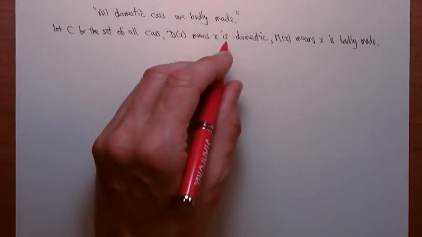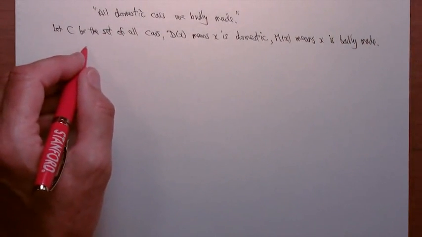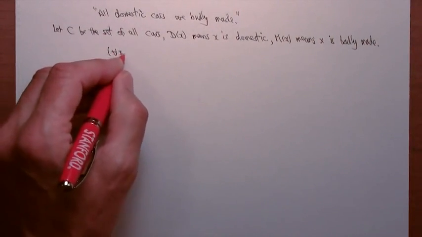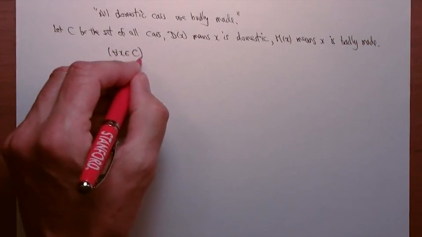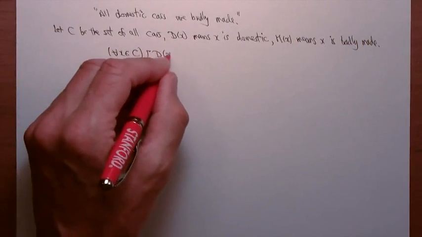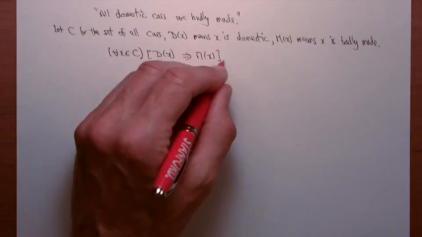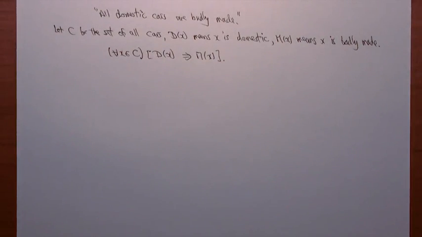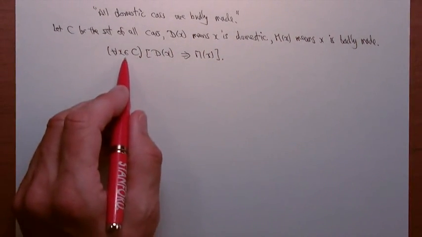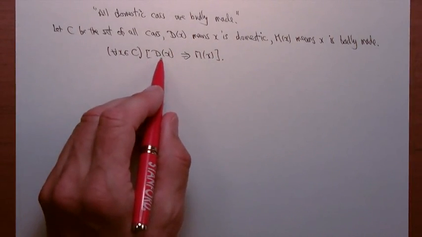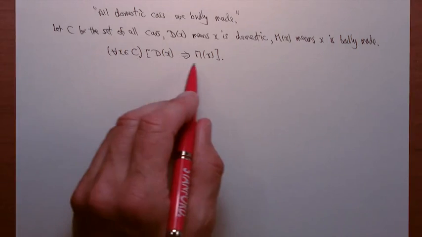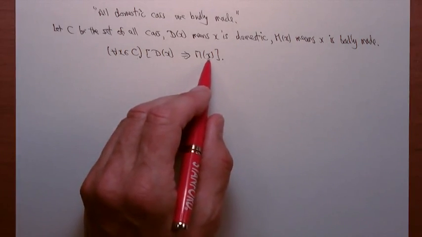With this notation, the sentence becomes, for all x in C, D of x implies M of x. For all cars, if the car is domestic, then it's badly made.